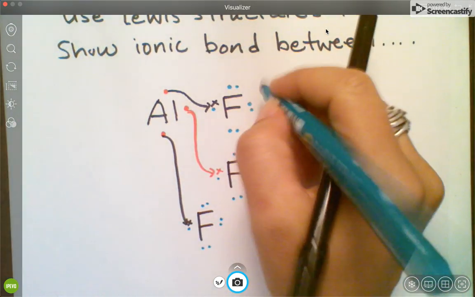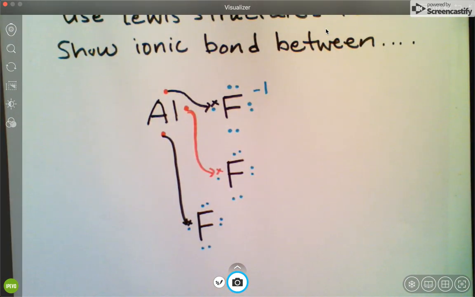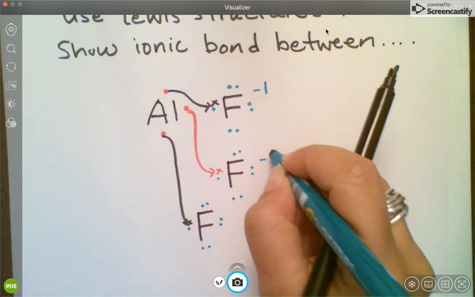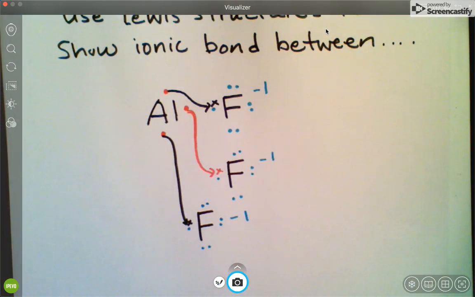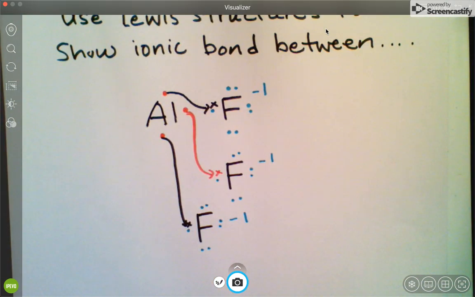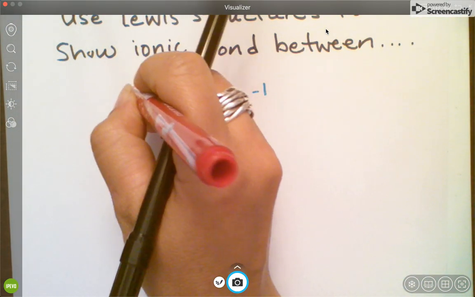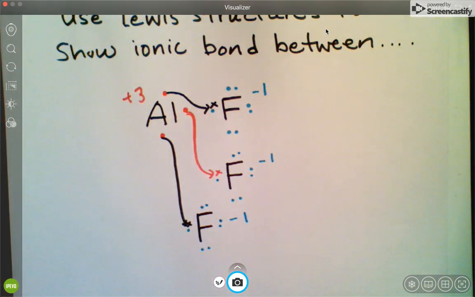So the charge on this fluorine will be -1. It picked up 1. The charge on this fluorine is -1. The charge on this fluorine is -1. The aluminum gave up 3 electrons, so it has a net charge of +3. That's because it has 3 more protons than it does electrons, giving a +3.